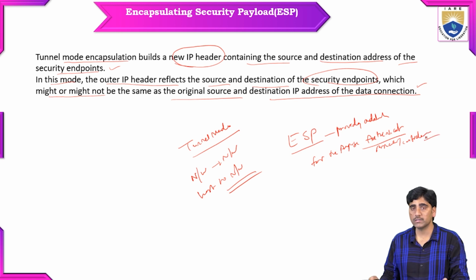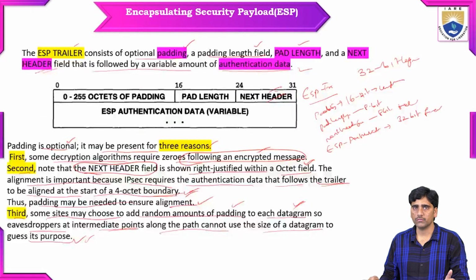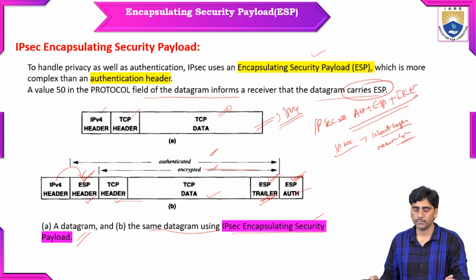Once again we revise the topic which we discussed in this session. Here we discussed ESP, encapsulating security payload, which is added in the IPv4 header format. This is the basic IPv4 header format, which contains the IPv4 header, TCP header, and TCP data.